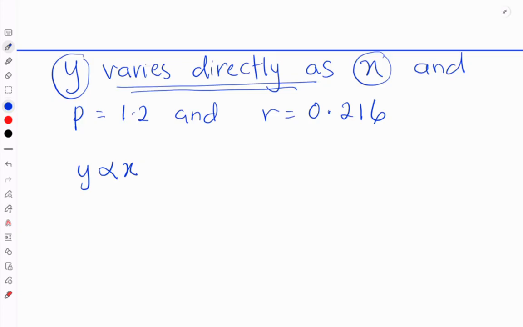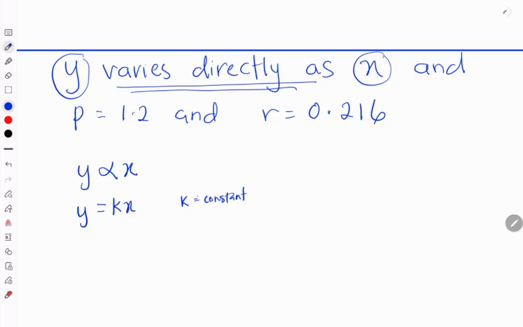Next, you must be able to convert this to equation form. How to write it in equation form? You write an equal sign to replace the symbol of varies directly, but you must add a constant. The constant is k. You must remember that k is a constant.